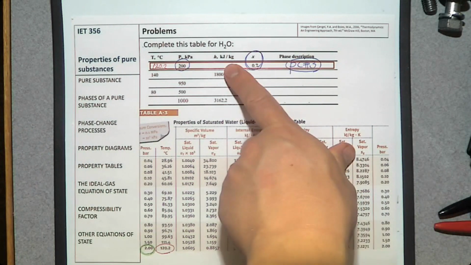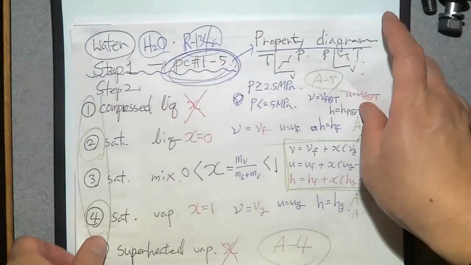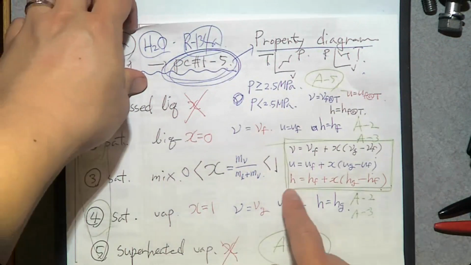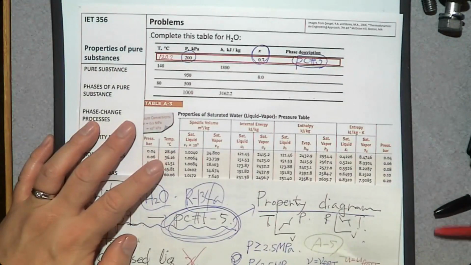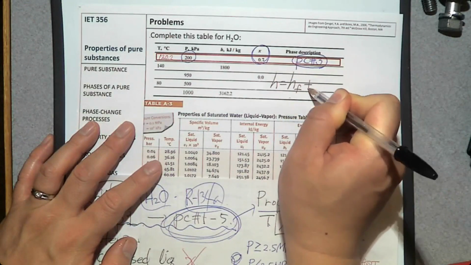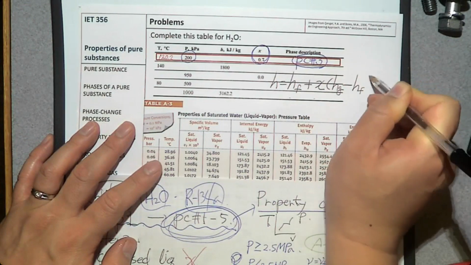What about specific enthalpy? Then you can go back to this summary slide. When you have a saturated mixture, you can evaluate a property by using this linear interpolation equation. Let me write this equation: h equals hf plus quality x times (hg minus hf).